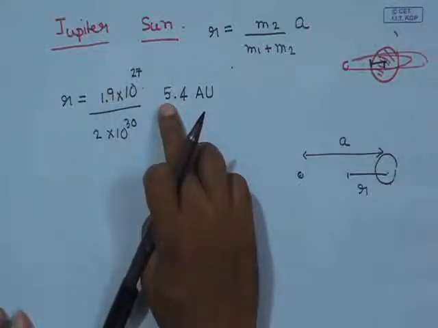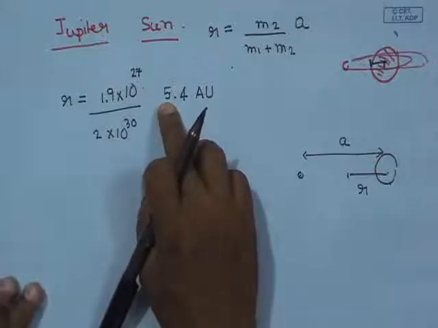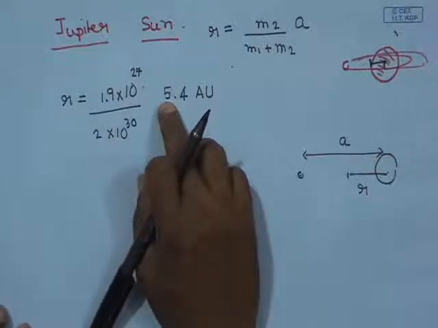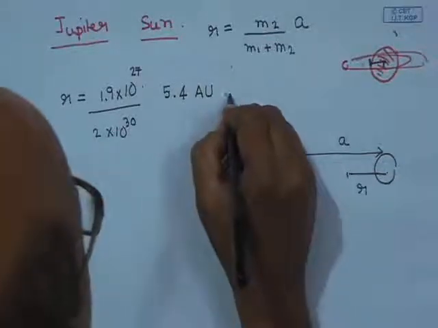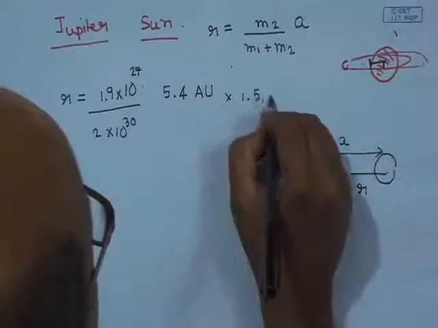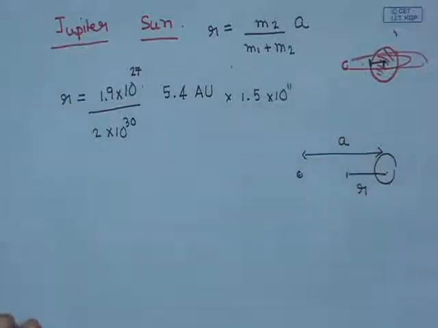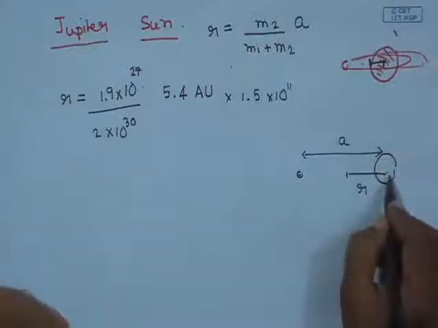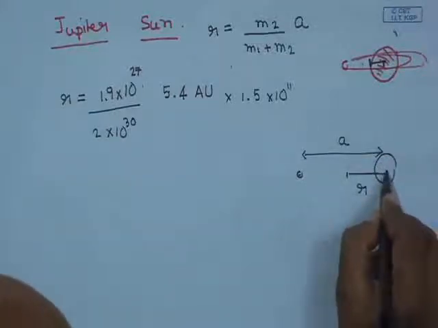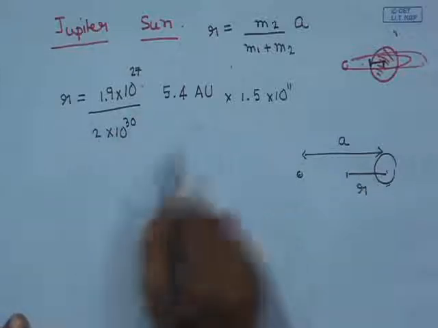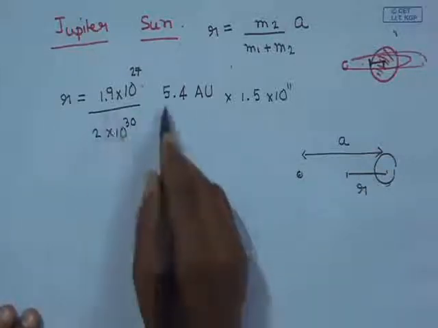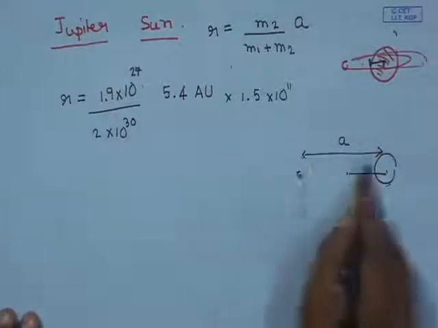To convert it into meters, we multiply by 1.5 into 10 to the power 11. This gives the value in meters, the distance from the Sun to the center of mass. It is 1,000th of the distance from Jupiter to Sun.